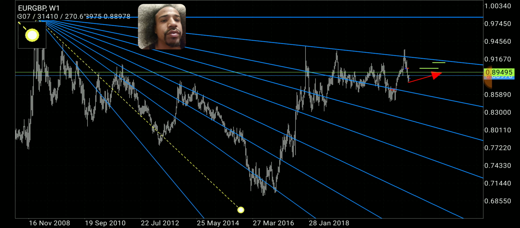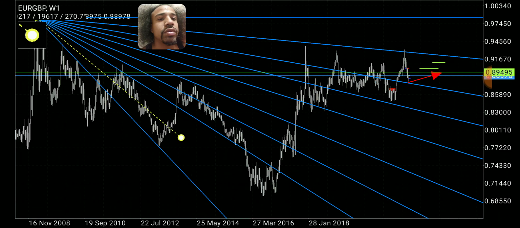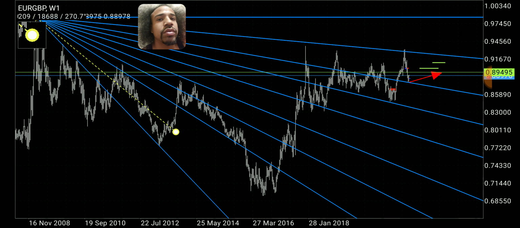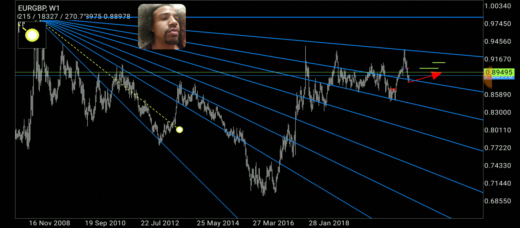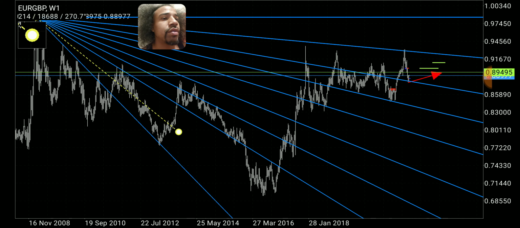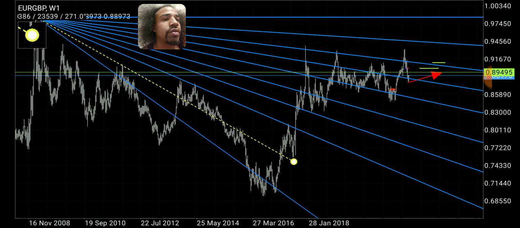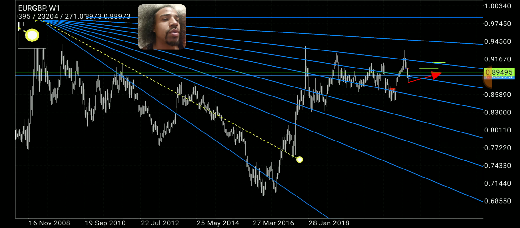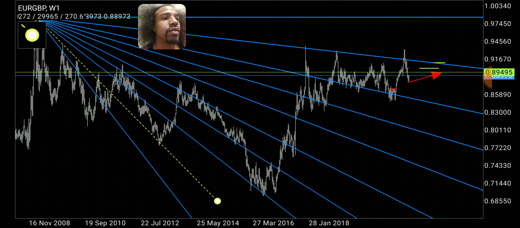That looks pretty good. Right there. Beauty's in the eye of the beholder, but you can play around with this stuff so you get something that you like. What we're looking for is price to respect the levels, that's all.